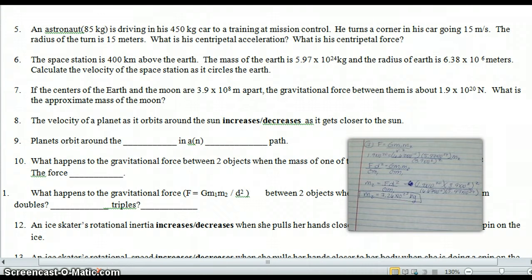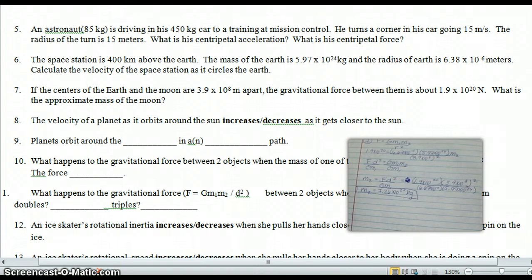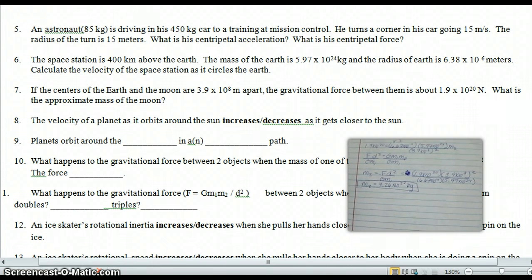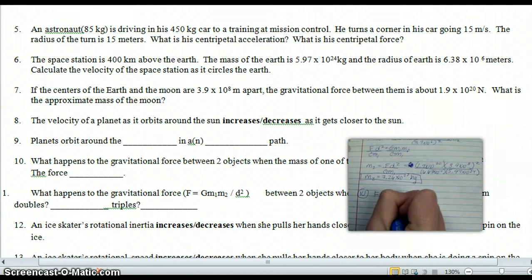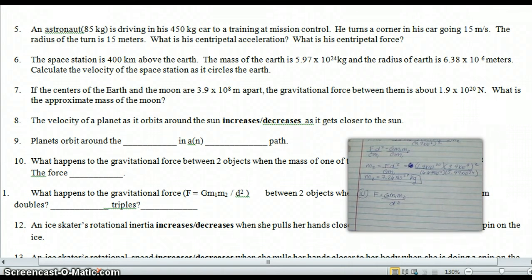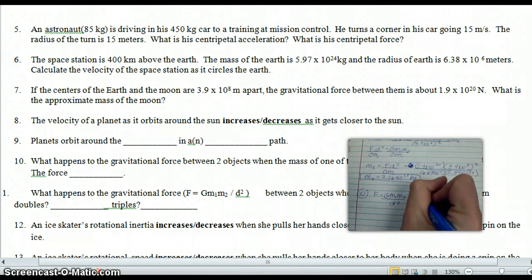And then 10, what happens to the gravitational force between two objects when the mass of one of the objects doubles? So here's our equation, F equals G m1 m2 over our distance squared. So for doubling a mass, that means we're multiplying it by 2. So we have G 2 times m1 m2 over our distance squared.